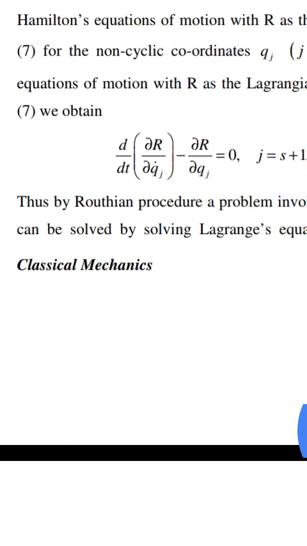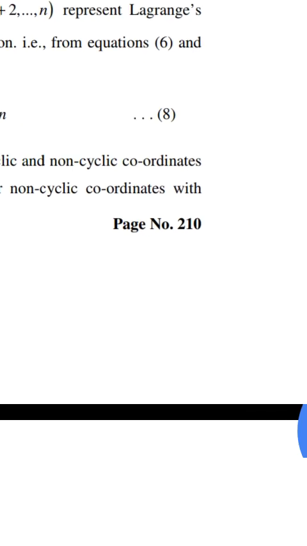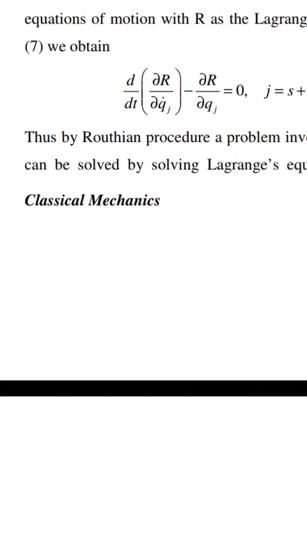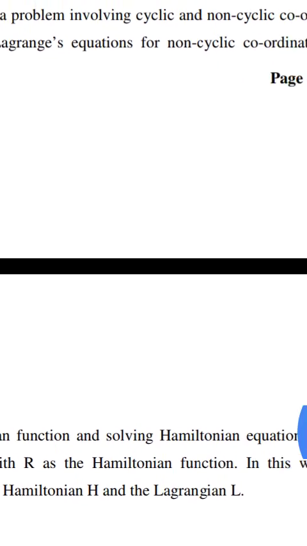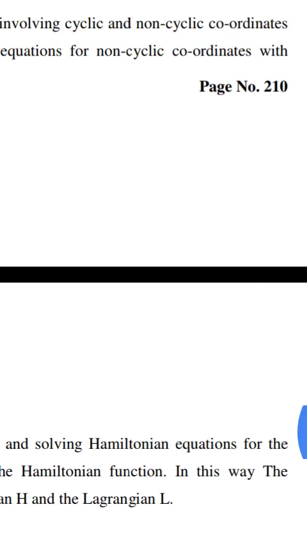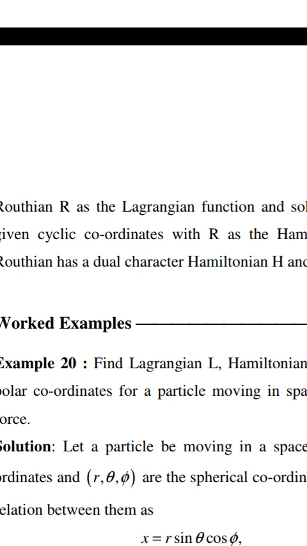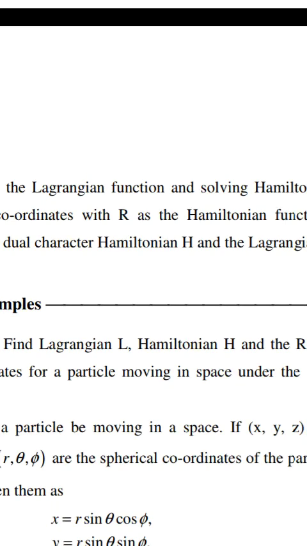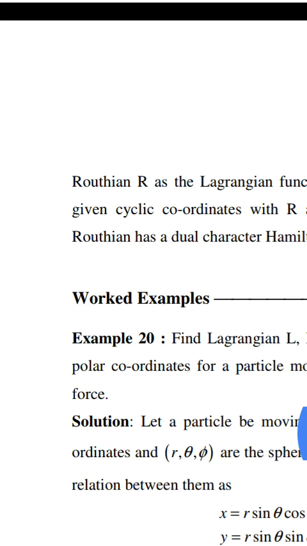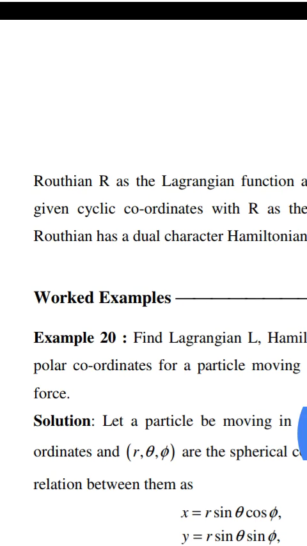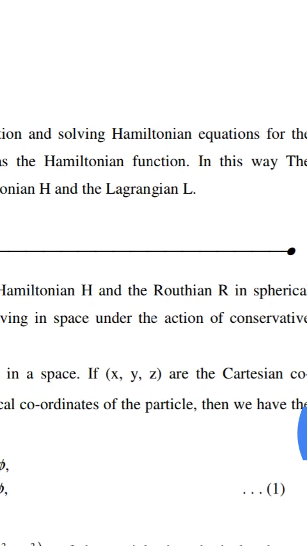Thus, by the Routhian procedure, a problem involving cyclic and non-cyclic coordinates can be solved by solving Lagrange's equations for the non-cyclic coordinates with the Routhian R as the Lagrangian function, and solving Hamilton's equations for the given cyclic coordinates with R as the Hamiltonian function.